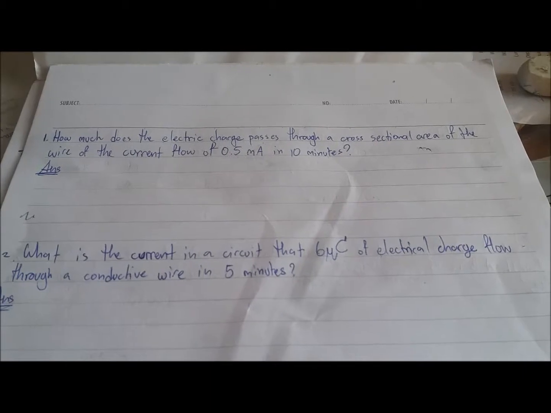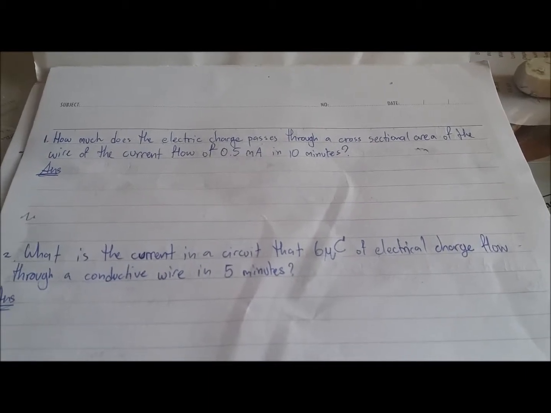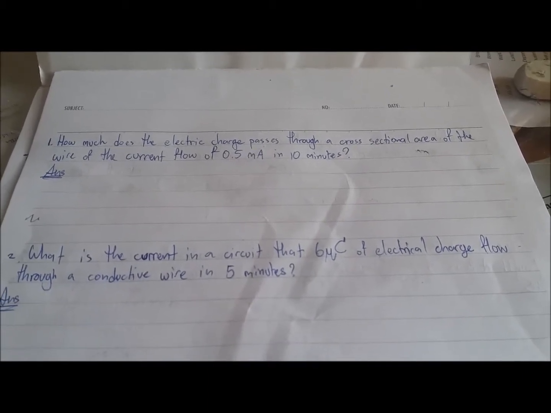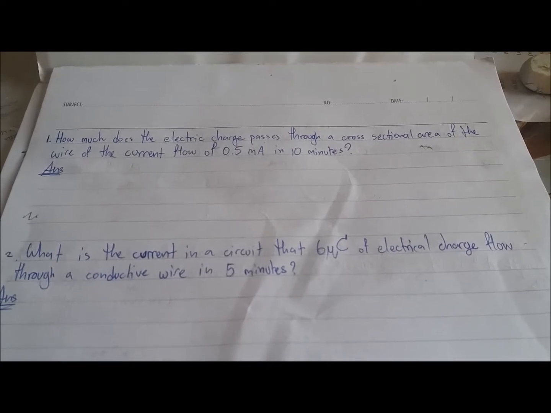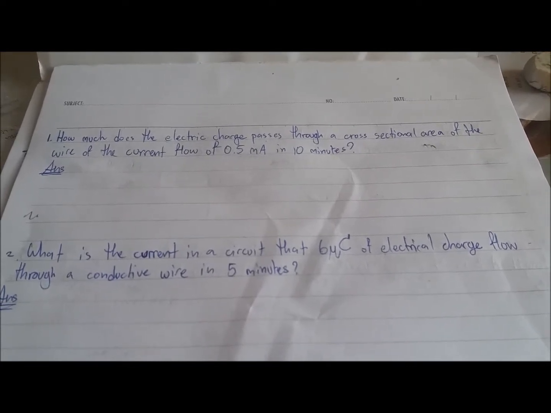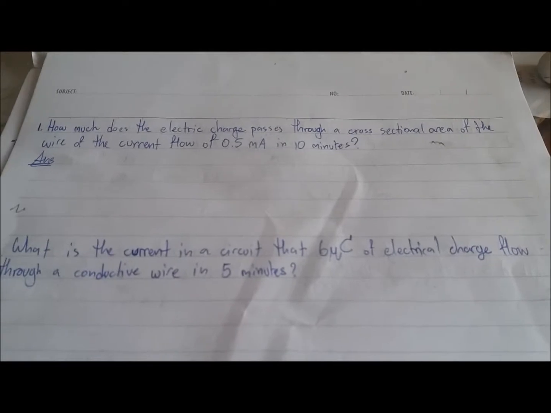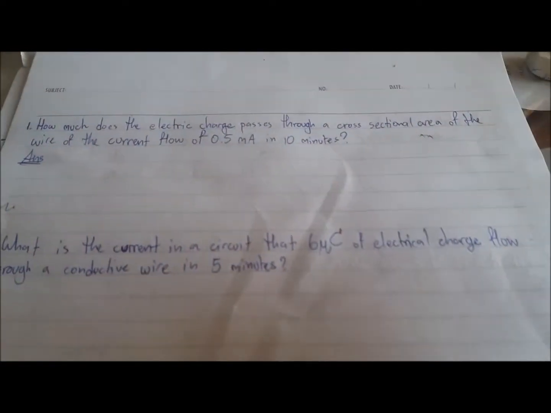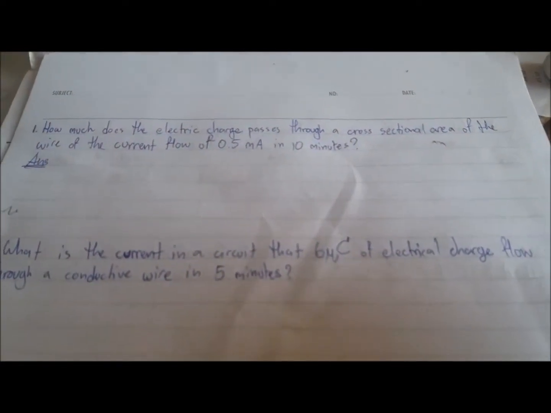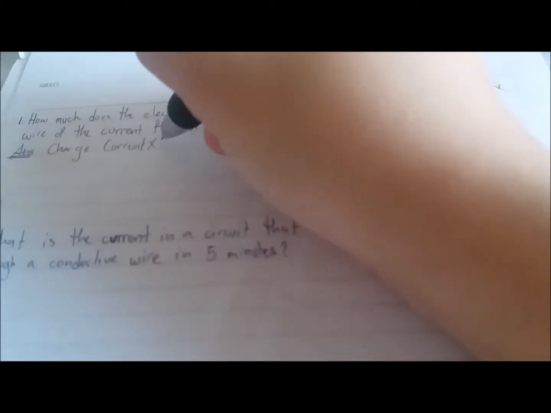For the first question, how much electric charge passes through a cross-sectional area of the wire with a current flow of 0.5 milliamperes in 10 minutes? For this question, we're going to use the formula to find the charge, which is charge equals current multiplied by time.